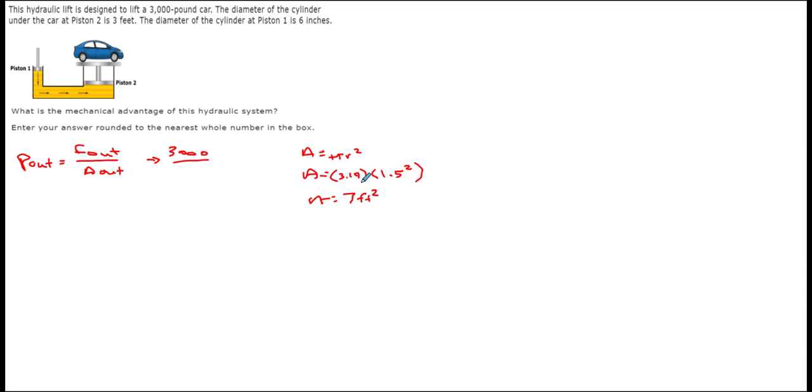Confirm that really quickly. 1.5 squared, yeah, 7.065. So the area is about 7 feet squared. So the pressure at the output, and we've done this problem previously, is about 429 pounds per foot.